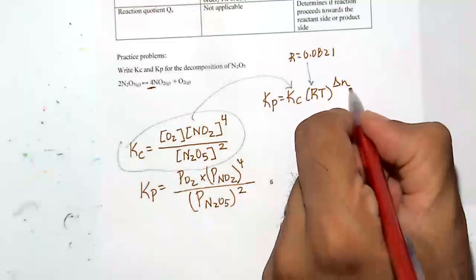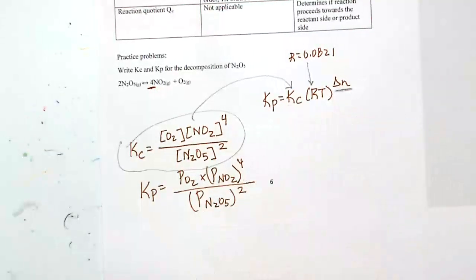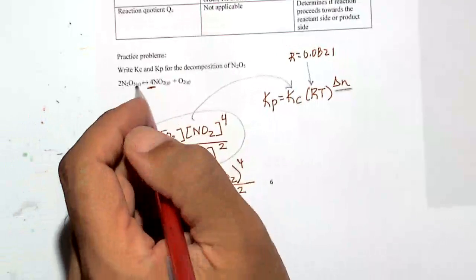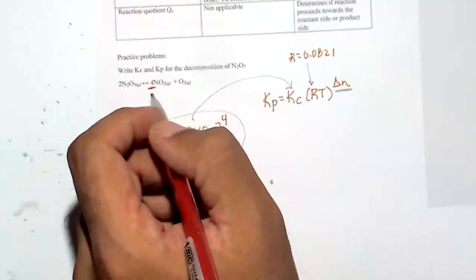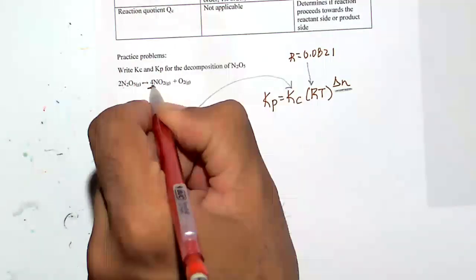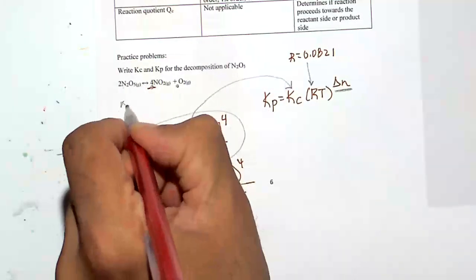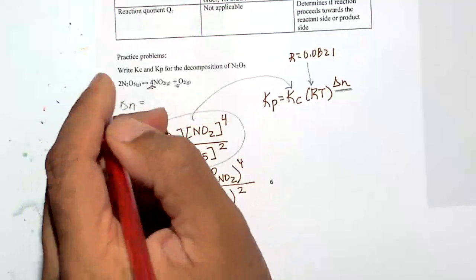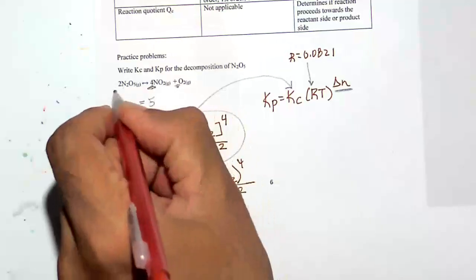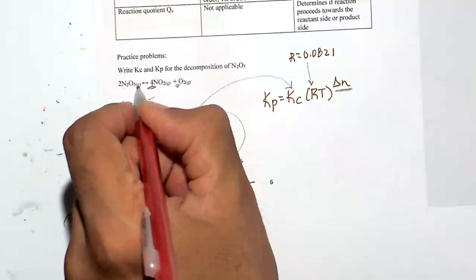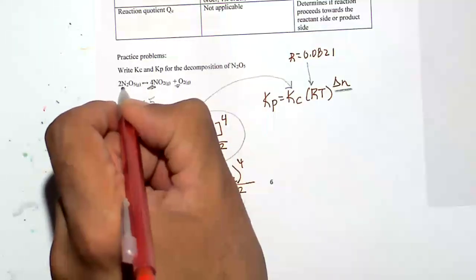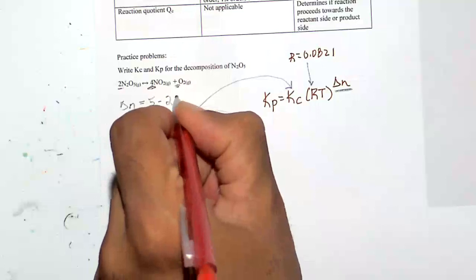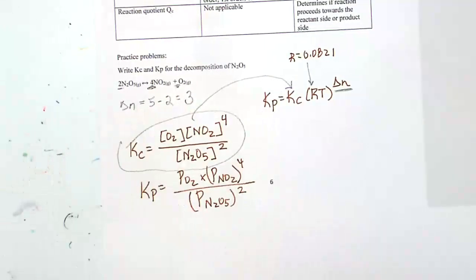They're not giving us a temperature. What is delta n? That's what I really want you to know. How many gases on the product side? 5, very good. How many gases on the reactant side? 2. So the change in the number of moles of gas is 3.